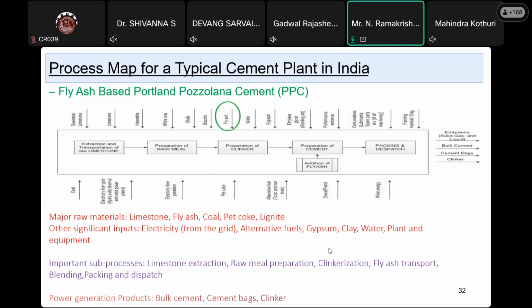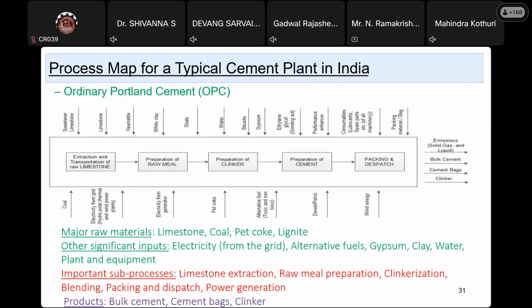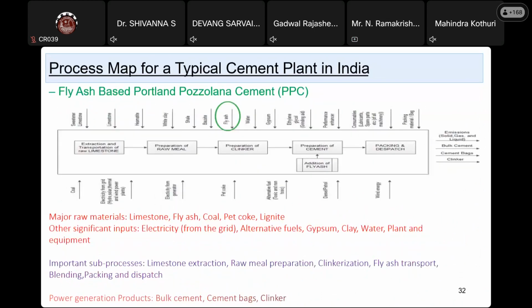The process also includes similar limestone extraction, raw meal preparation, and clinker preparation, and cement production, and packing, dispatching. Of course, here in the grinding stage, you use the fly ash. That is the addition which you're going to make. And of course, end products will be bulk cement, cement bags, clinkers also.